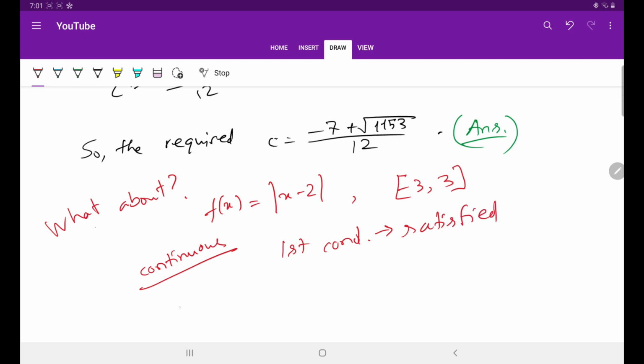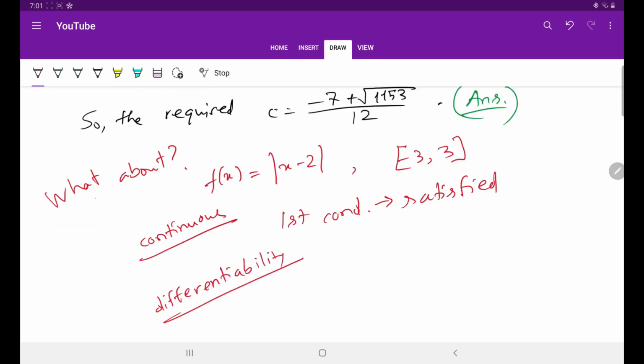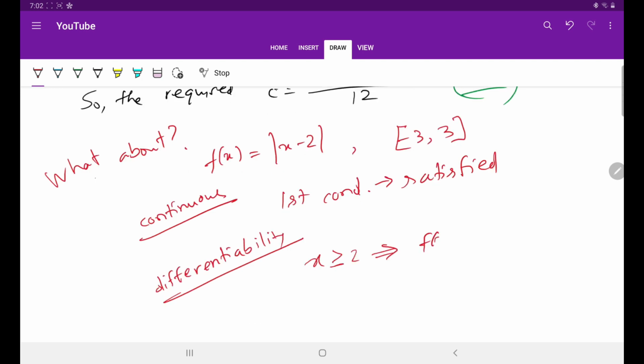Then what about the second one? Differentiability, right? Okay, so is this differentiable? No, mode functions are not differentiable, because for this case it's x minus 2, and for this case the f(x) is minus x minus 2, the whole.